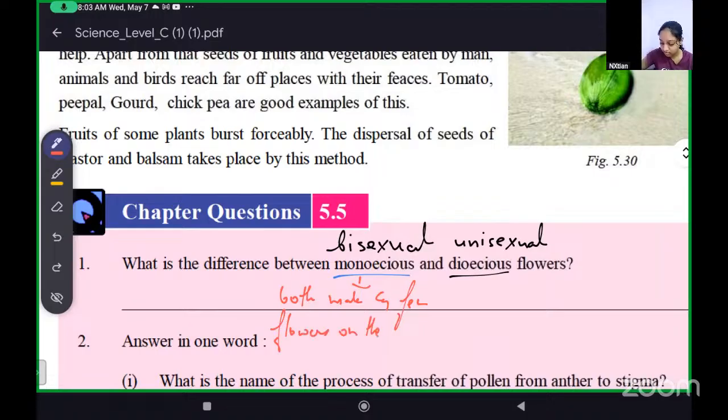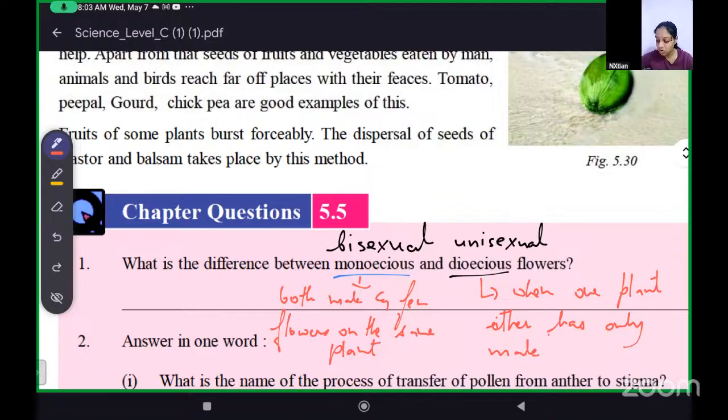On the same plant. Okay. Whereas unisexual is when one plant has only male, or only female flowers.